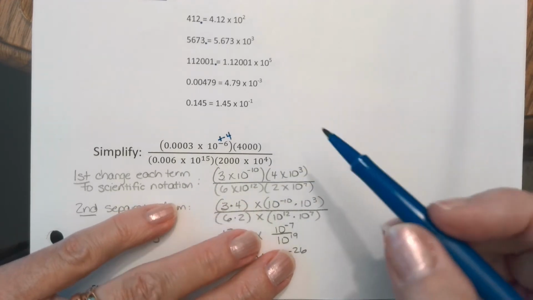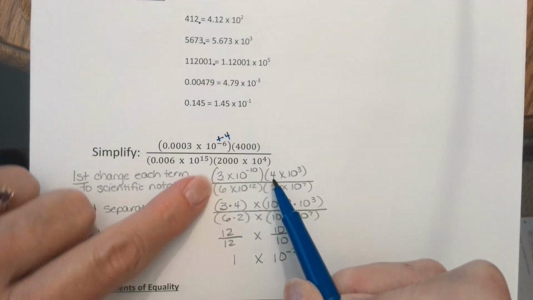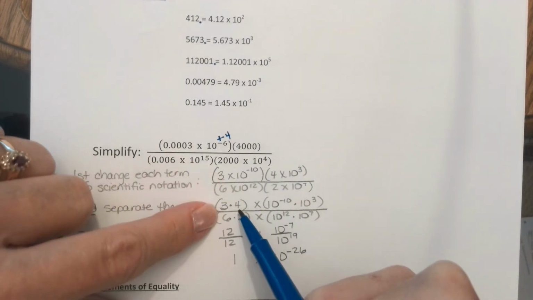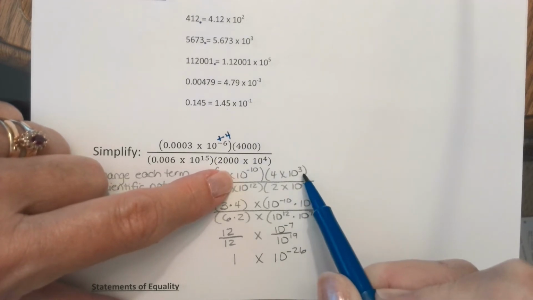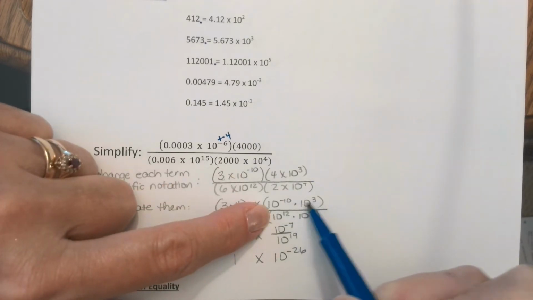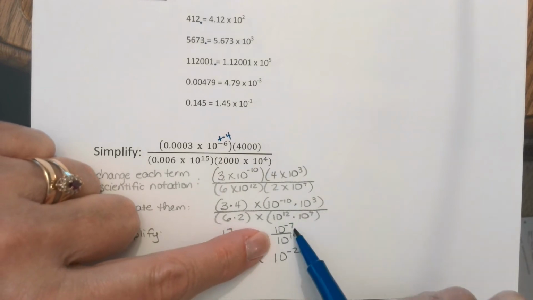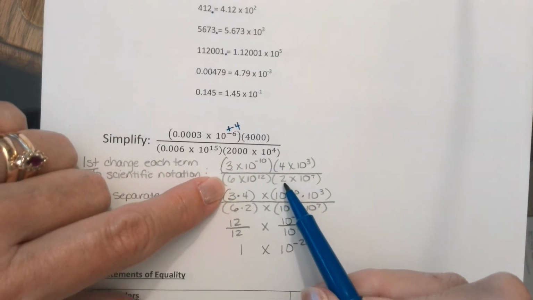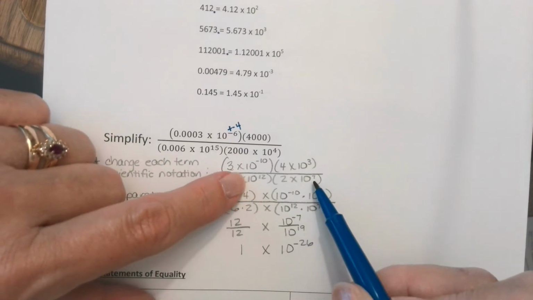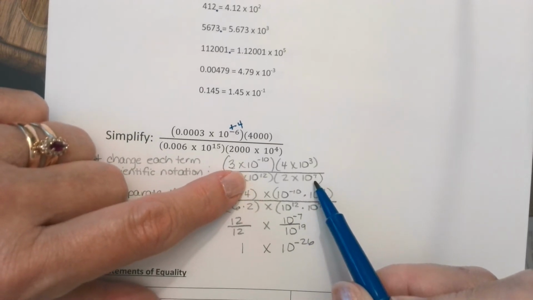Then you take the top and you multiply the numbers in front, like 3 times 4, and you get 12. You multiply the 10 terms, which means you're going to add their exponents. In this case, it would be a negative 7. In the bottom, you're going to multiply the first numbers, and again, you got 12. And you're going to add the exponents of the tens.